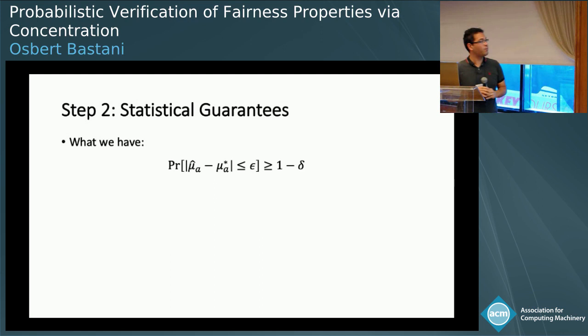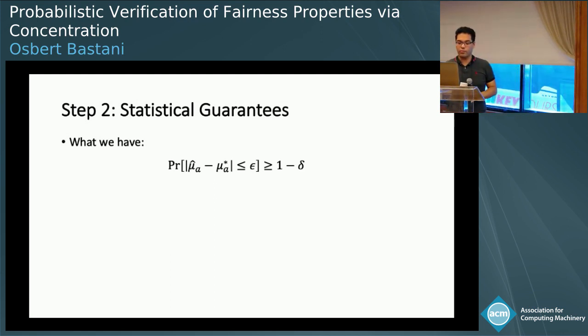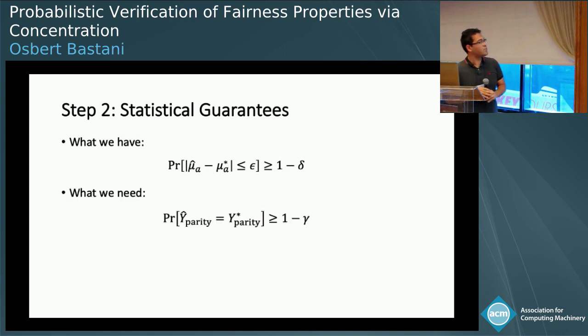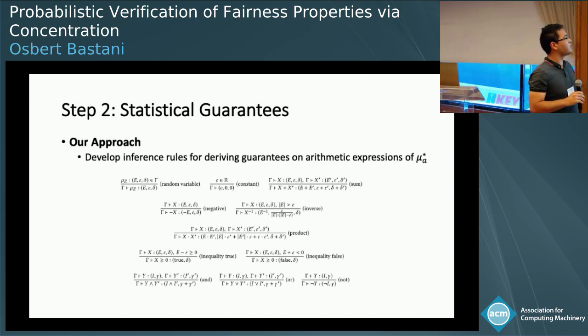So now we have a bound, the first part, on how good an approximation mu a hat is for mu a star. We still need to get a bound on the fairness property, how good an approximation y parity hat is for y parity star. To do this, we devised a set of inference rules that let us, given the guarantee for mu a star, derive corresponding guarantees for arithmetic expressions of mu a star.